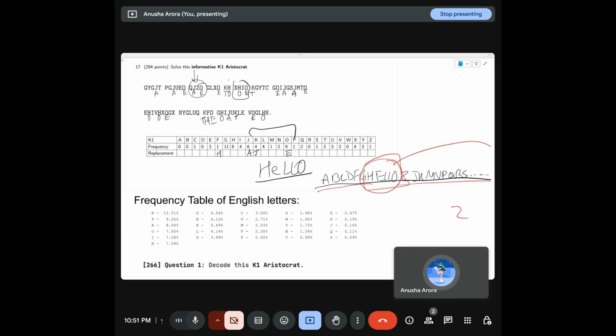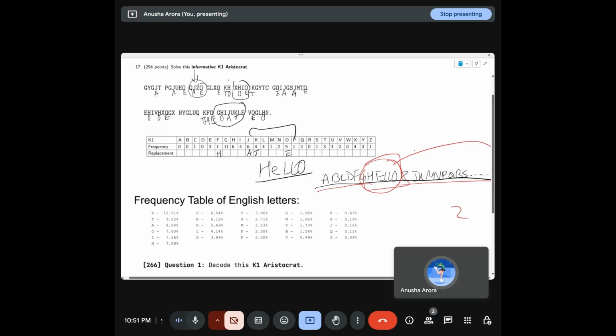Okay, so next, if we were to look at this word right here, we see an O, an A, and a T. So let's see, we see a lot of G's overall.